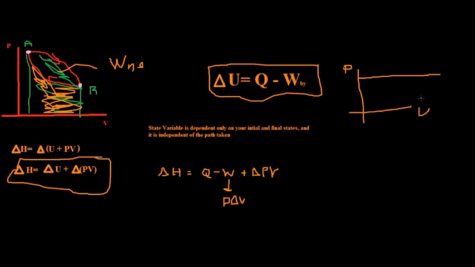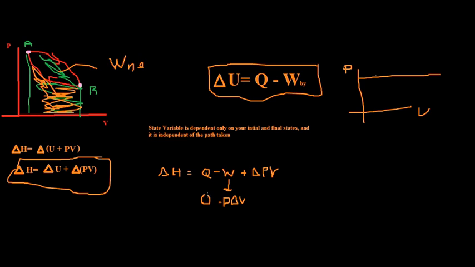Because when you have constant pressure, the area under the curve would just equal the change in volume multiplied by the pressure. This would be the work. Well, in most reactions, the pressure is the same. So it is legit to write P change in V in this case.